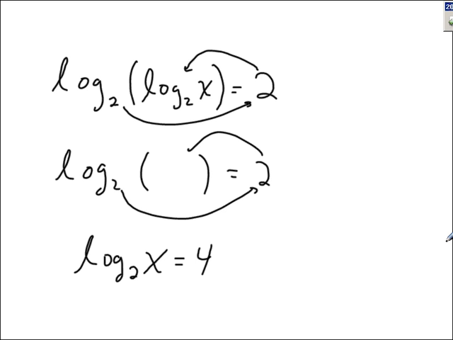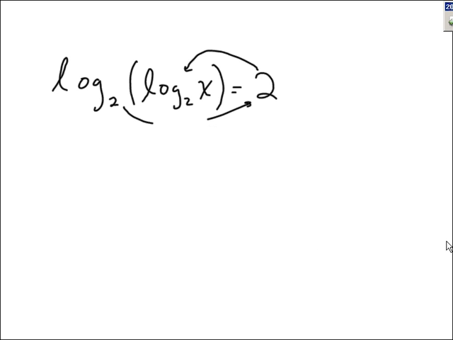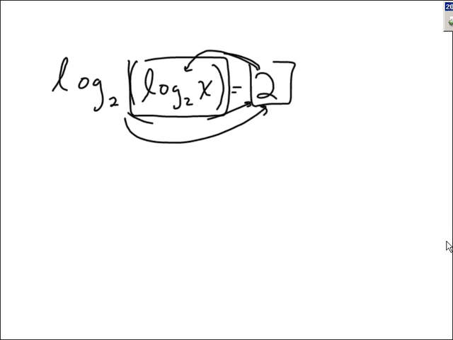I couldn't care less if what's in the brackets has its own logs. It doesn't matter what's in there. What matters is you know the locations. It's log base this of that equals this number. 2 squared, 4, equals what's in there. What's in there is equal to 2 squared, or 4.